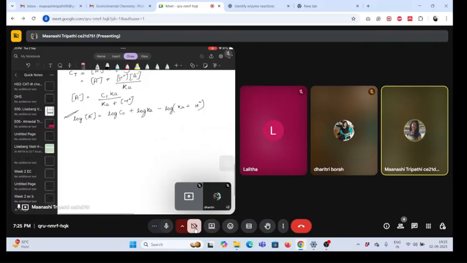Now, the first case is, case 1 is H plus is much greater than Ka, which means pH is less than pKa.